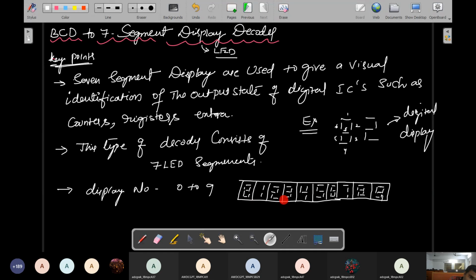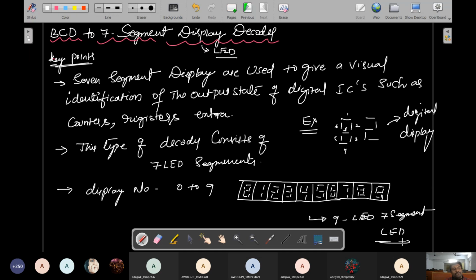Here we are using 9 displays for the numerical numbers, so we are using LEDs, but these are 7-segment LEDs.